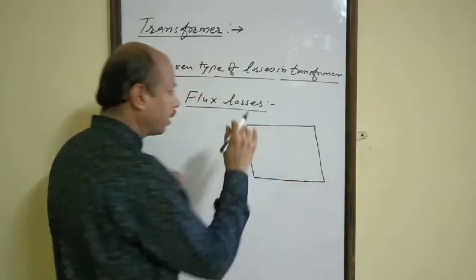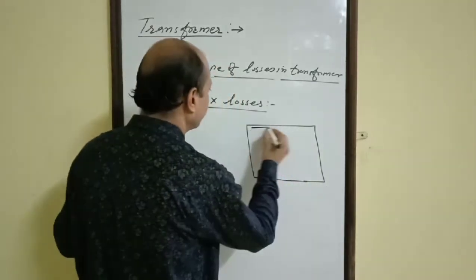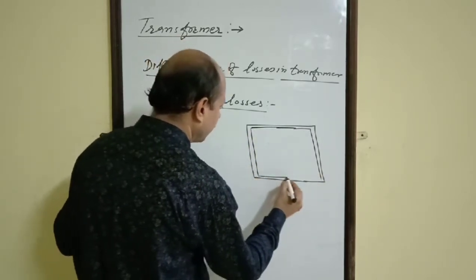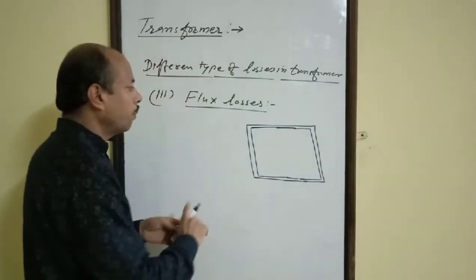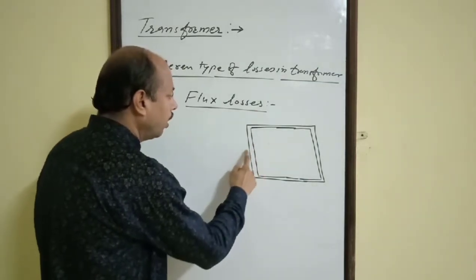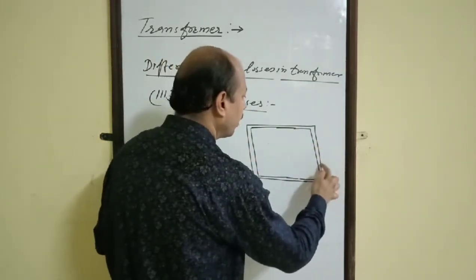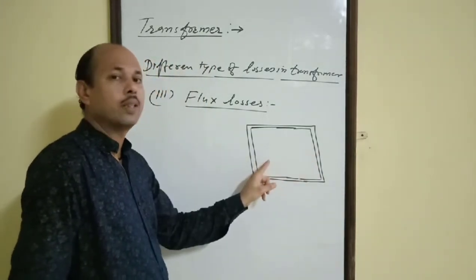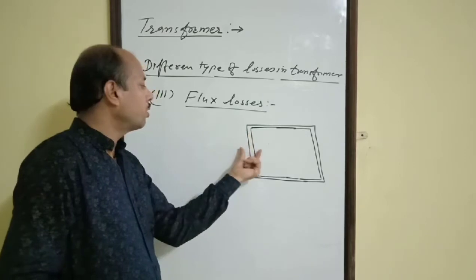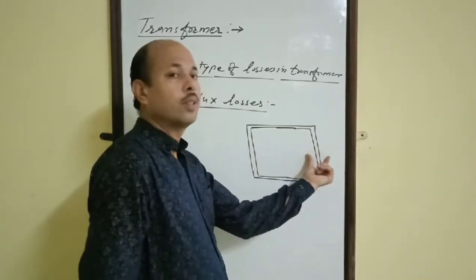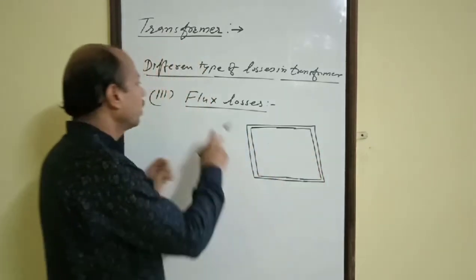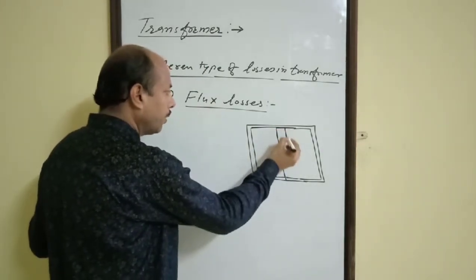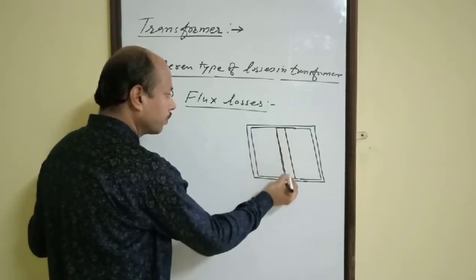Let us suppose this is the core of the transformer. For perfect coupling, the primary coil and secondary coil are not used separately here, because in that case there will be some gap between them, and therefore this flux may not be associated with that flux. To minimize the flux losses, we consider the central part.